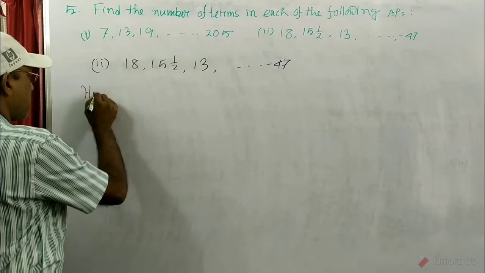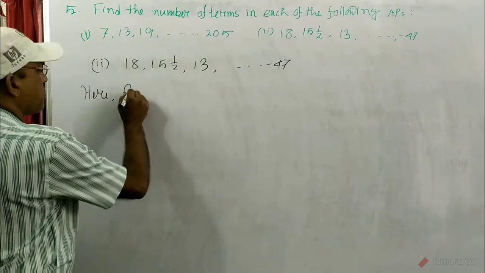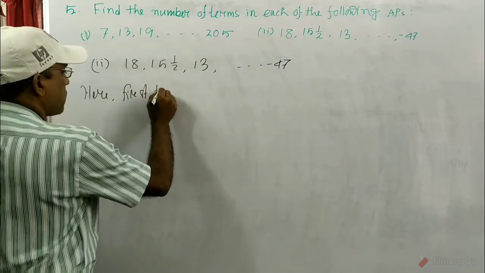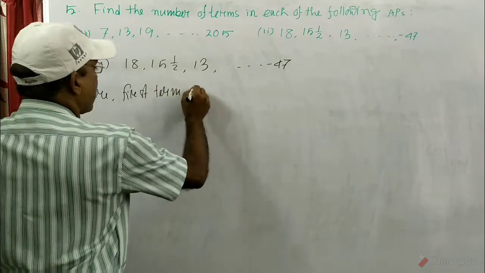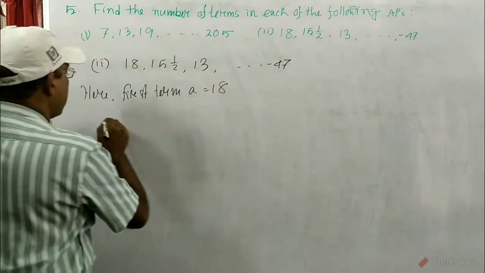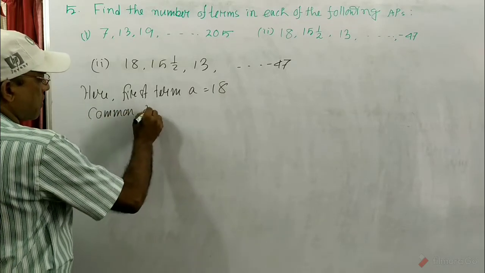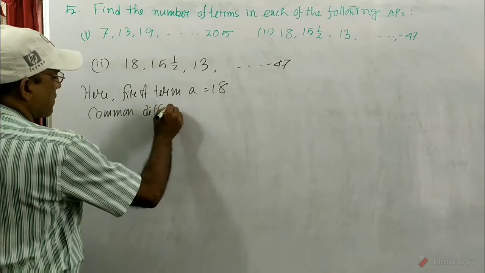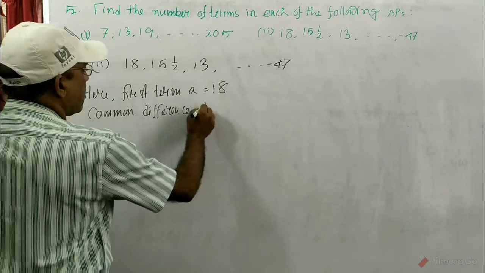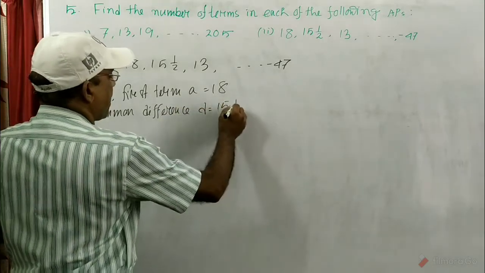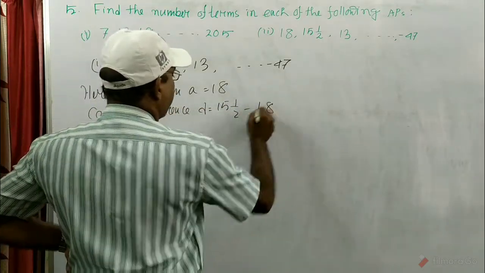Here the first term a equals 18, common difference d equals 15 and a half minus 18.